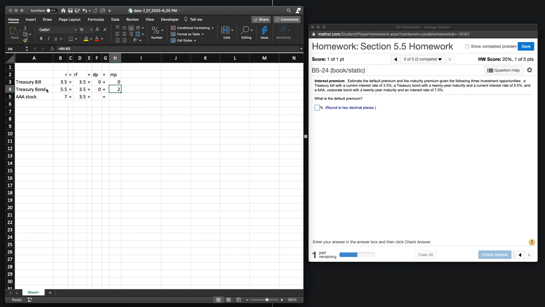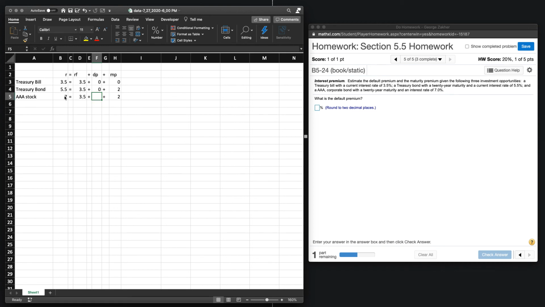Now let's take a look at the Treasury bond and the AAA stock. So what is the similarity? Well, the similarity is that they both have a 20-year maturity. So if that's the case, we know that the maturity premium is 2% as well because they are identical. Now, the difference, again, we could just do the math, but we can also do the math this way.